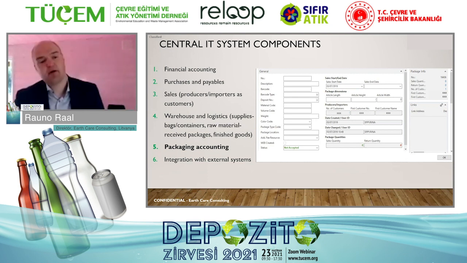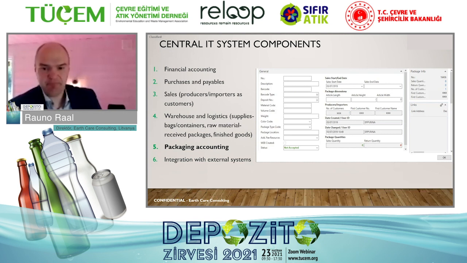For example, there are even 3 different layers of warehouses: supplies, meaning the bags and containers for the collection; the raw material warehouse for the received packages; and definitely the final product, basically already sorted and compressed ready material, like PET cans, which is called the finished goods warehouse.